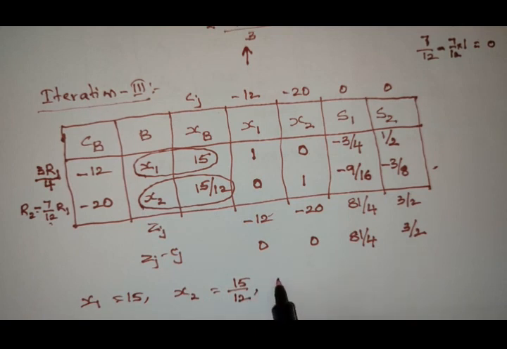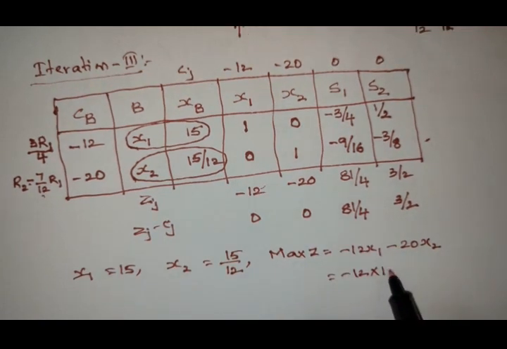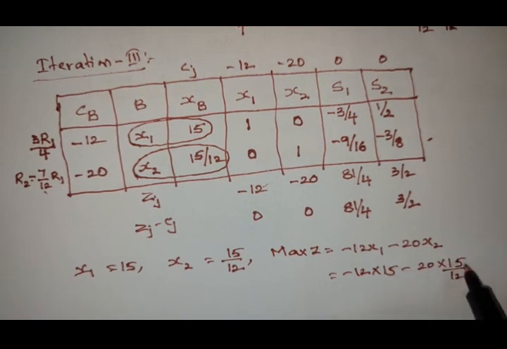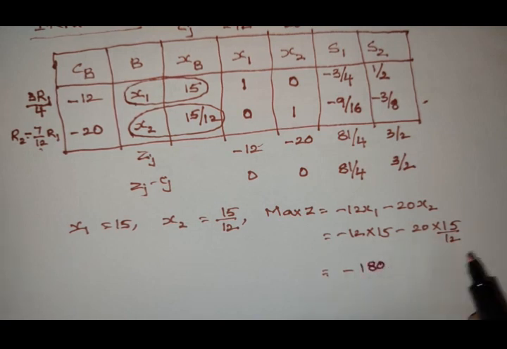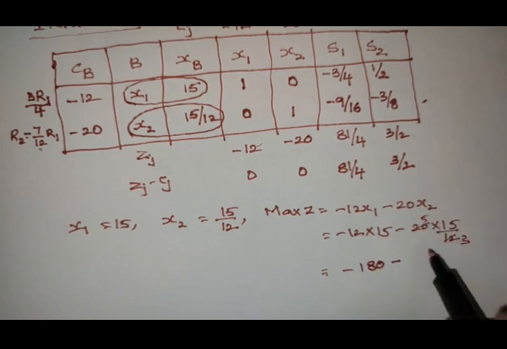Next, what is maximized z? It is equal to minus 12x1 minus 20x2. So that equals minus 12 into x1, which is 15, minus 20 into 15 by 12. Minus 12 into 15 is minus 180, minus 75 by 3.